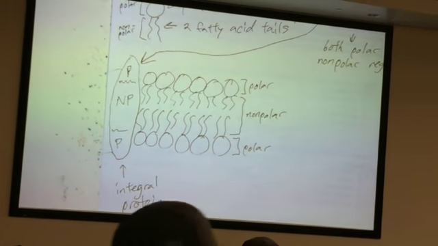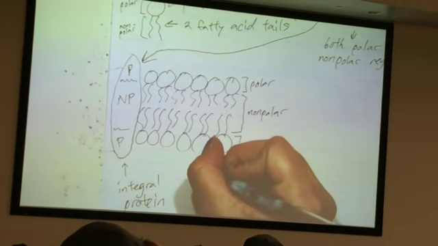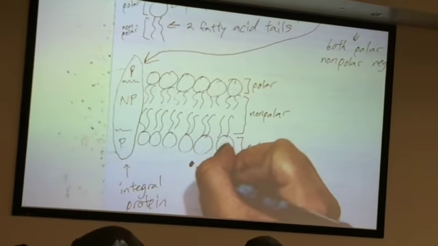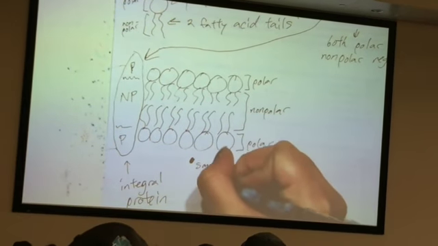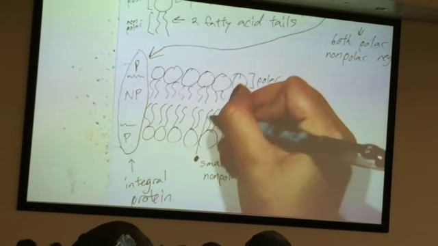But would it be polar or non-polar? So what we're going to look at here is that a small non-polar molecule can easily pass through.